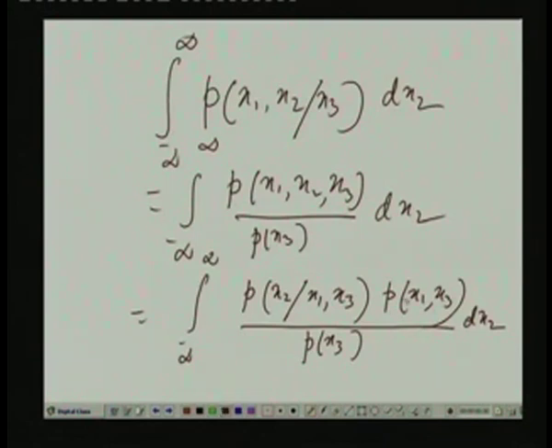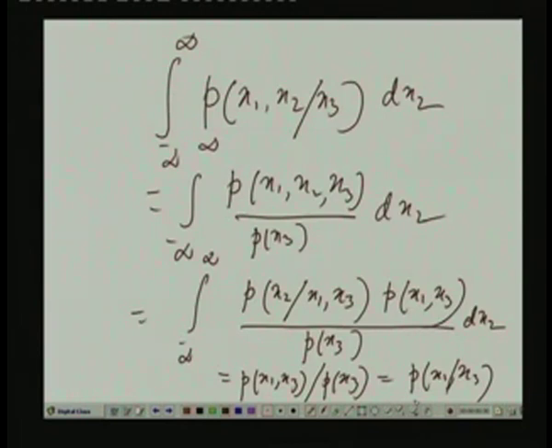So, you get this ratio p of x1 x3 divided by p of x3, which is nothing but p of x1 given x3.